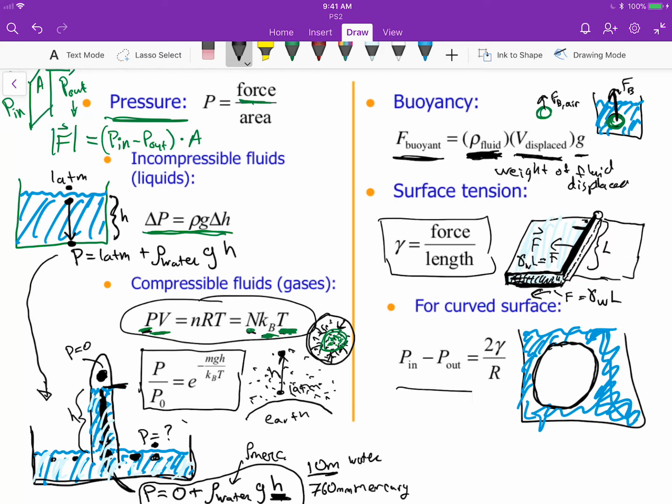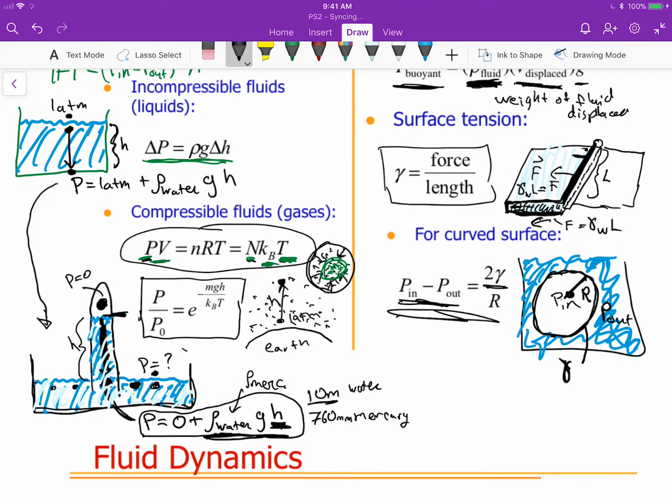And this equation is describing the difference between P in and P out. If you know the radius of this bubble, r, and we know that the interface has a gamma, then the change in pressure inside to outside is 2 gamma over r. So that's one example where you'd see this.